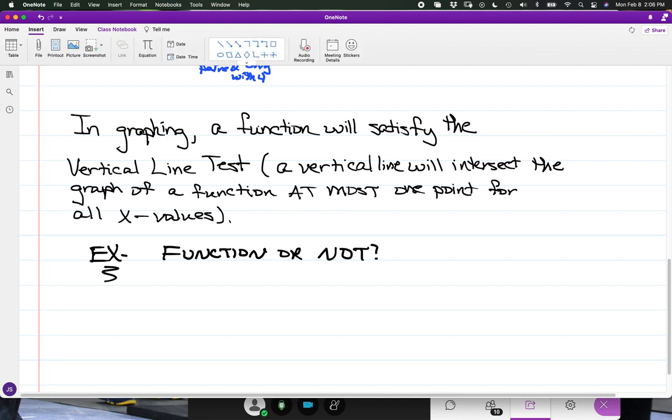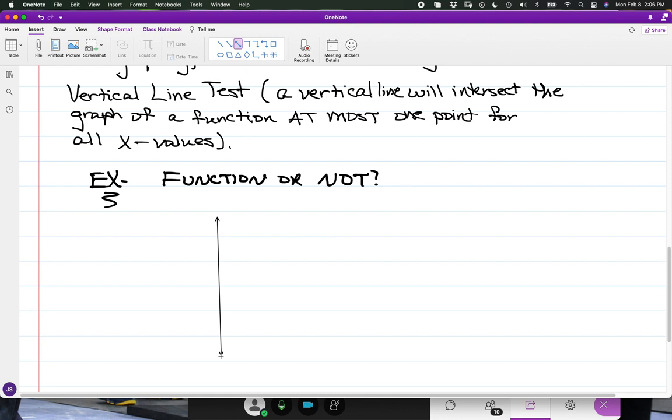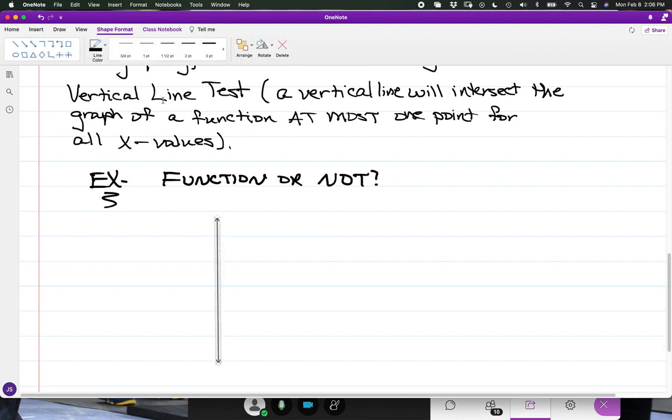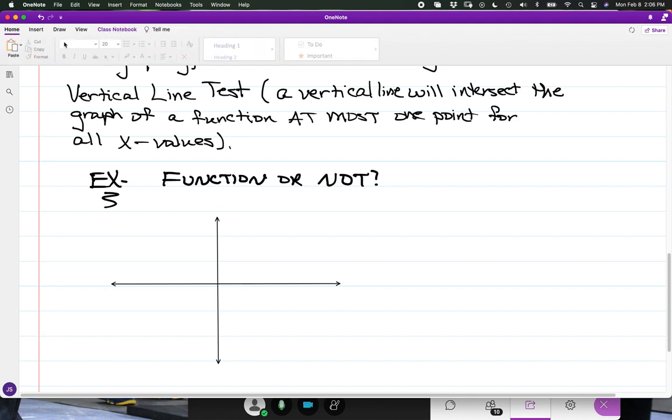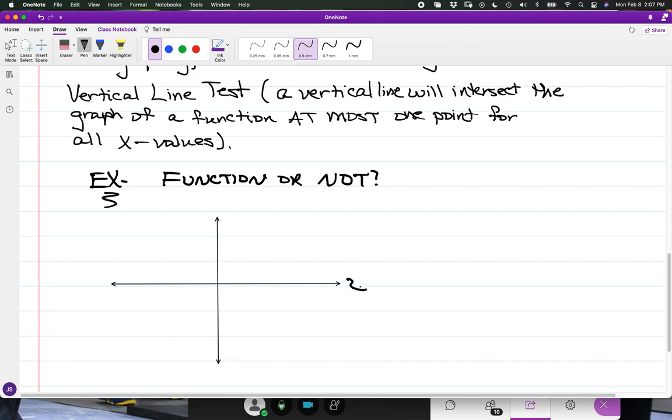It's taking the xy coordinate system, so you have the x-axis and y-axis. With the x-axis, we have a number line that runs horizontally. The y-axis is a number line that runs vertically.